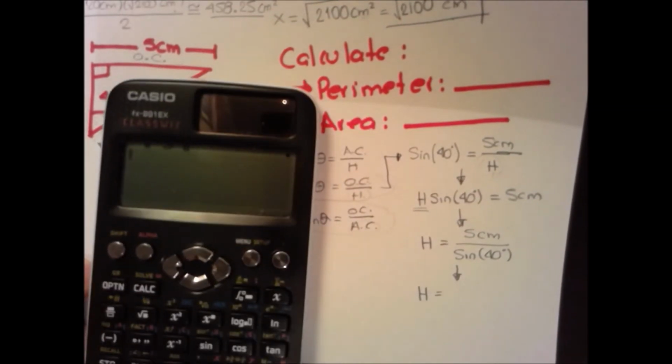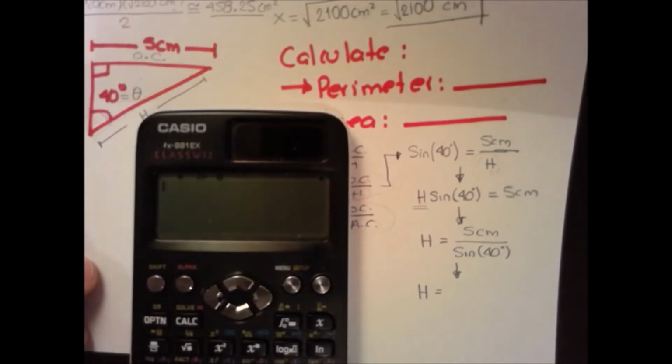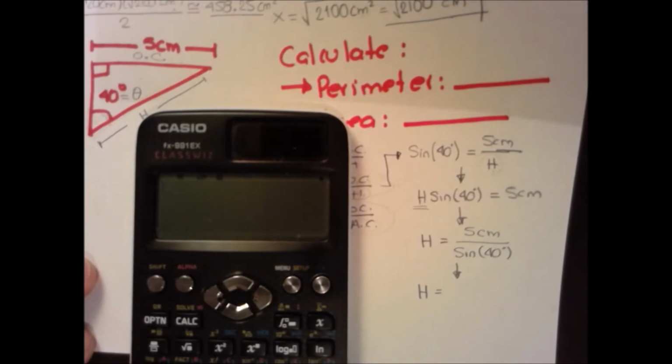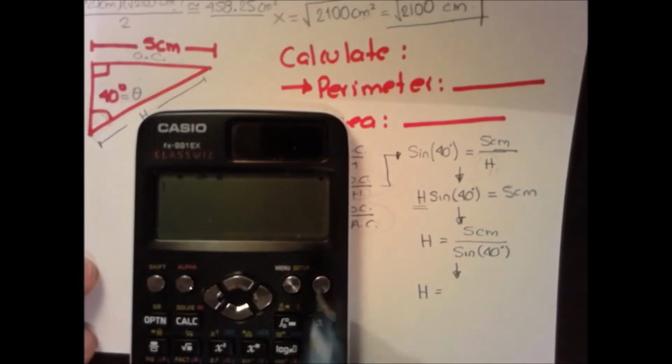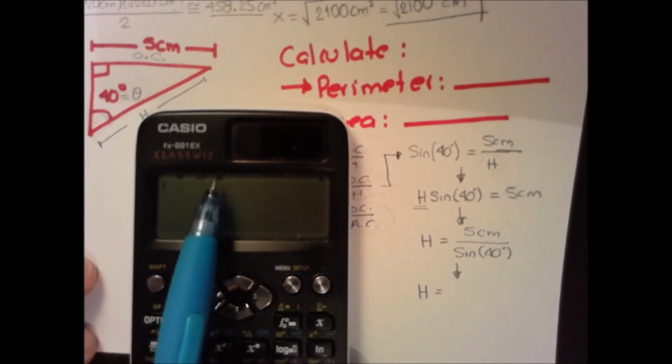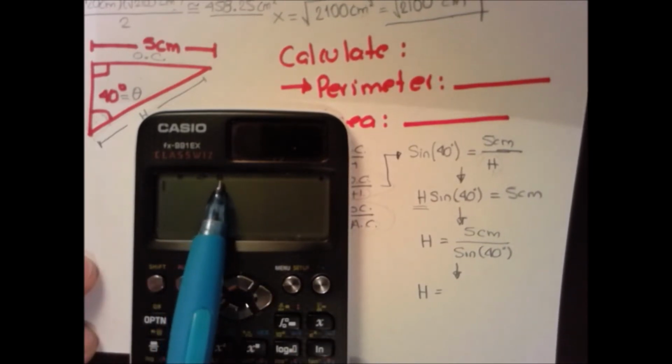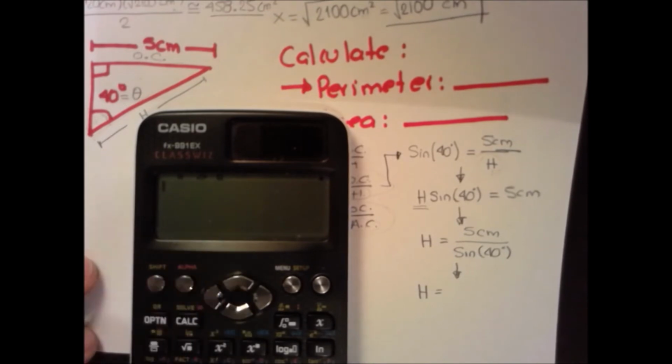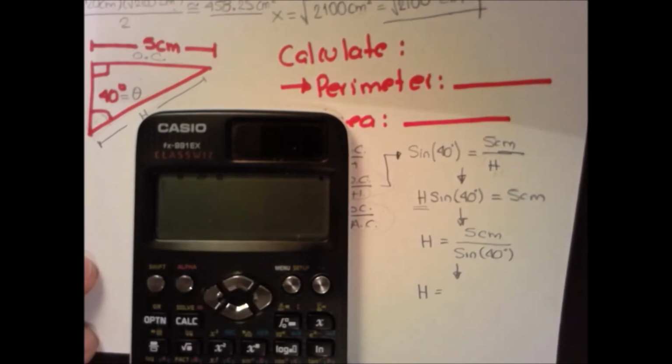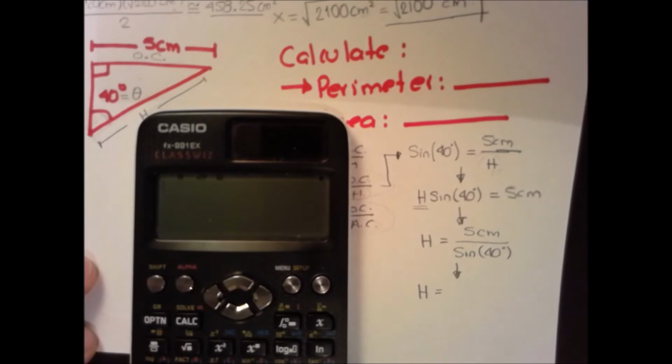Well, first of all, if we are going to work with degrees, because the angles could be measured in degrees or they could be measured in radians, you need to check your calculator over here on the screen. You need to have a letter D for degrees. If you are not on degrees, the thing that you need to do is switch the angle unit.